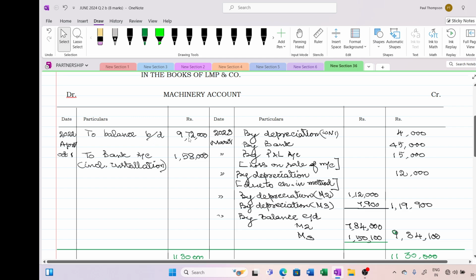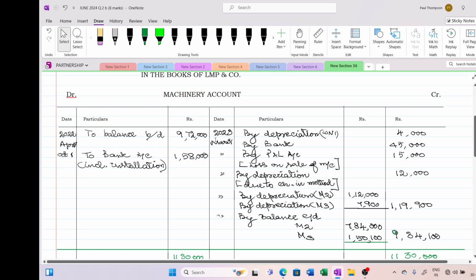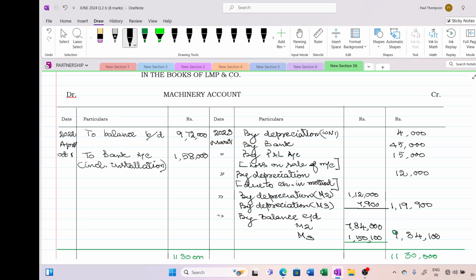Now apart from this, one machine costing 80,000 was sold, and the book value on that 1 October 2022, as we have seen in our working, was 60,000, and the depreciation was 4,000 for those 6 months, and it was sold for 45,000 by bank account, and this is by P&L account, loss on sale of machinery 15,000. So this machine is over. 64,000 was taken out, and we have calculated the difference in the second year.